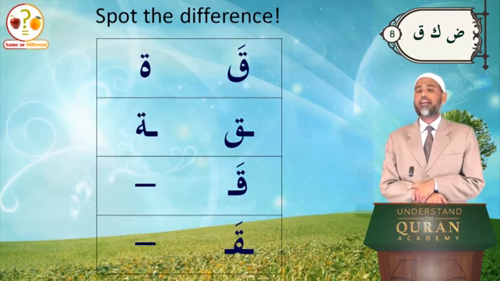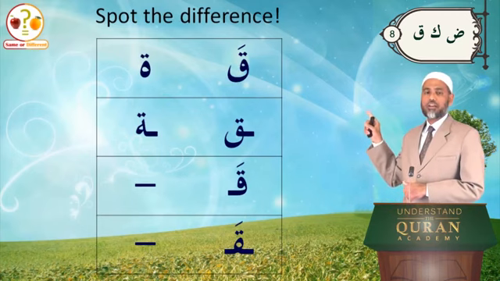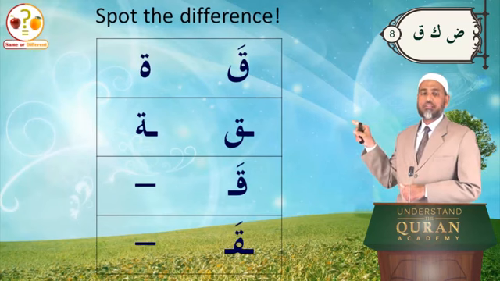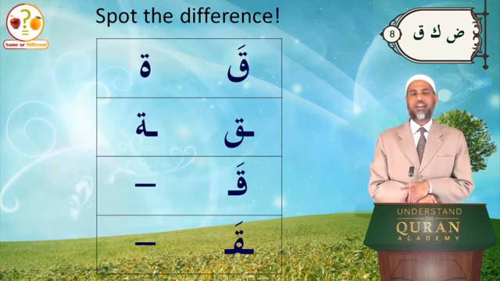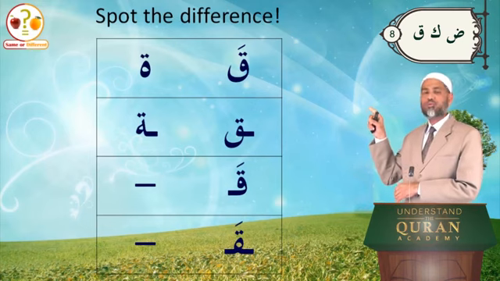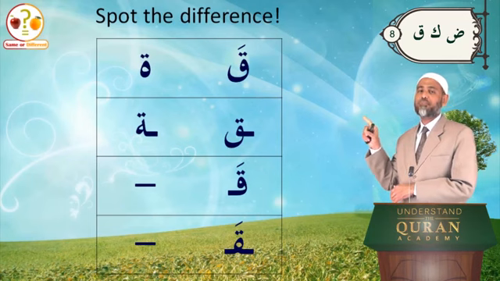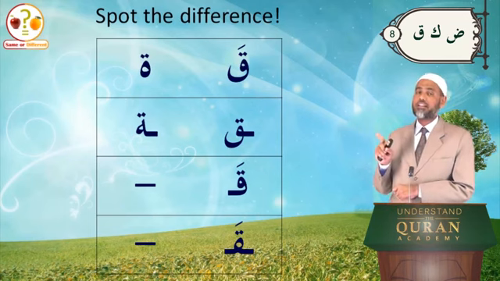Now here is another case. Qaf, of course, has a big cup, a circle and a big cup. If you just have a circle with two dots on the top, that is ta. We have learned that before. But this circle does not have any connector.